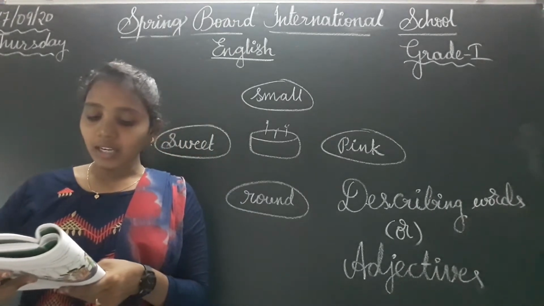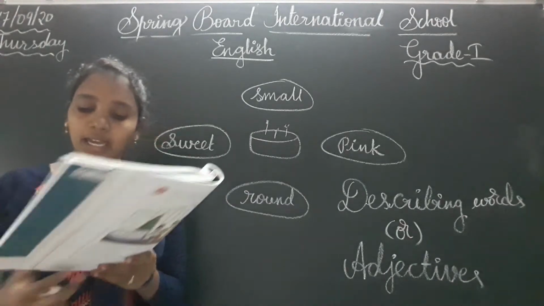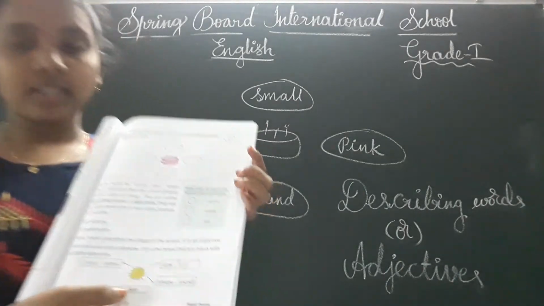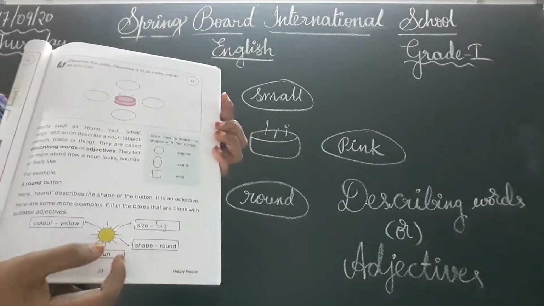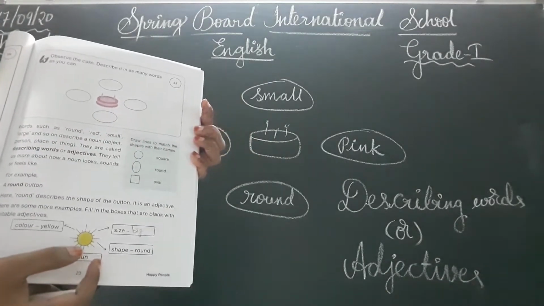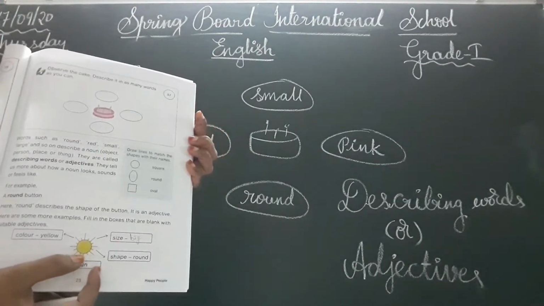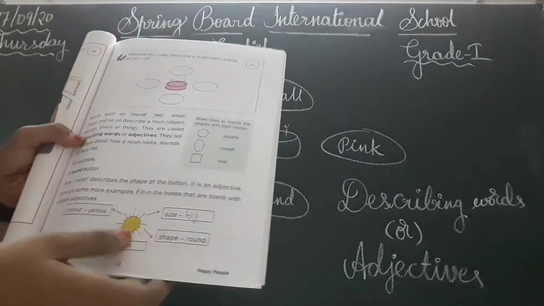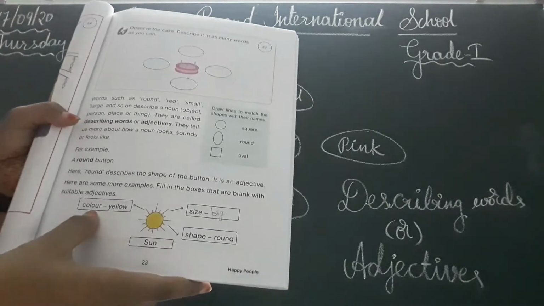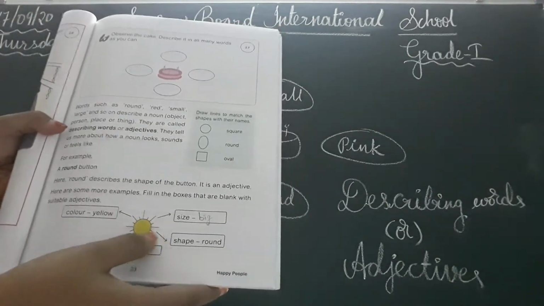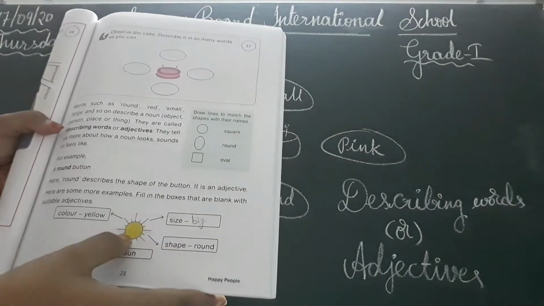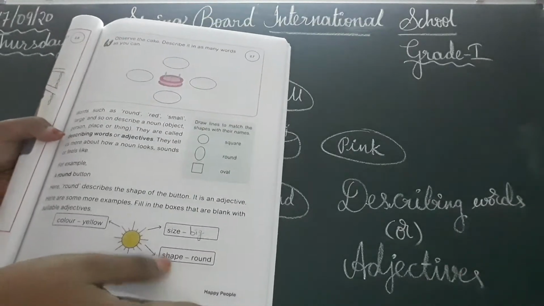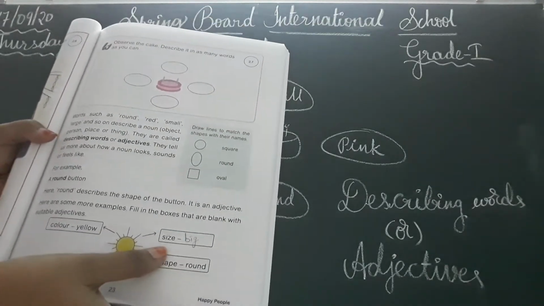Now see, here they have given one picture, children. What is it? Sun. Yes or no? It is a sun. Now let's describe it, children. See, sun color, what? Yellow. Sun size and sun shape. Is the size big or small?